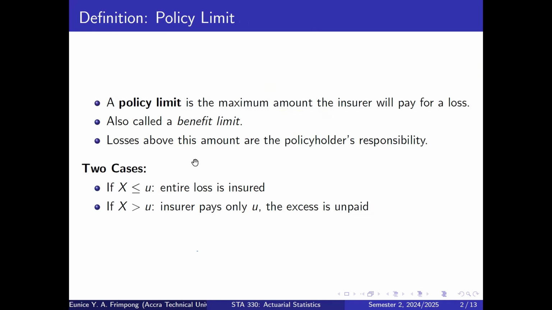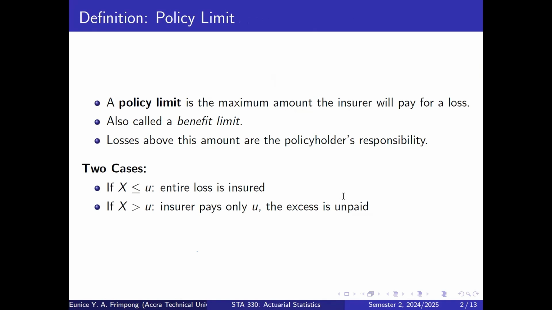Let's look at two simple cases. In case one, if the loss X is less than or equal to the policy limit U, then the insurer pays the full amount of the loss. In the second case, if the loss exceeds the policy limit, the insurer pays only U, and the policyholder pays the rest.